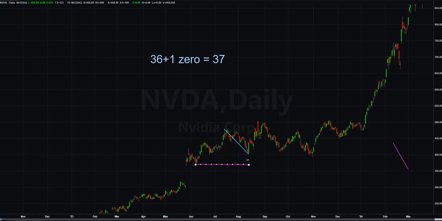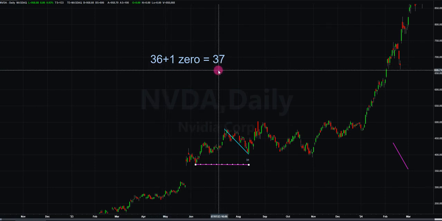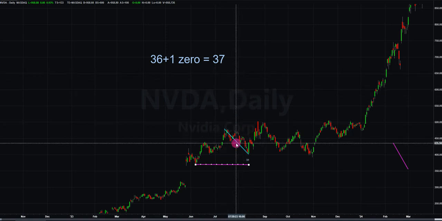I'm going to do some swings top to bottom, low to high. You can also go low to low, high to high, and adjust this. We're going to take the measurement of the swing, subtract that from 37, and project forward with that number from the end of the swing.